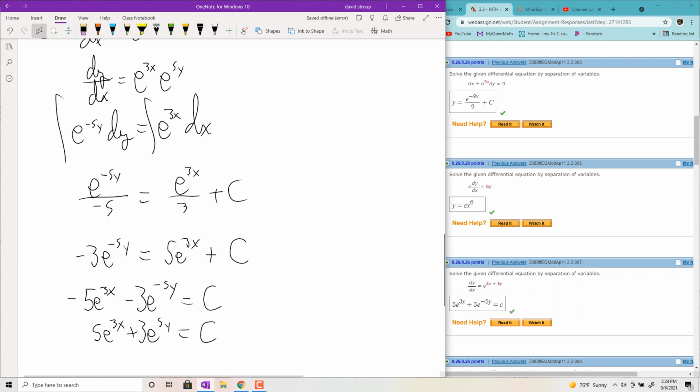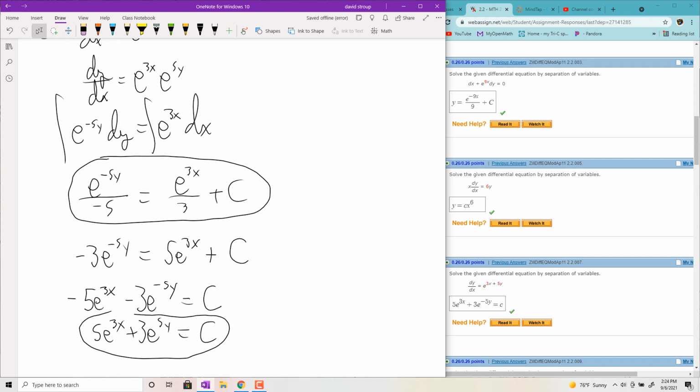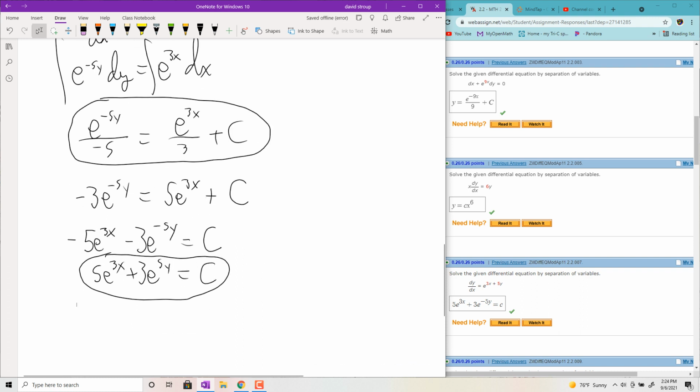I kind of write it that way, not for any real reason, this is a fine solution. If you put that on a test, I'd be fine with that. Just for whatever reason, this one looks better. Sometimes it's just a matter of what you're familiar with. So if you work a lot with certain cubic functions, I guess that come up in algebraic cryptology, that would be the form you were used to, and you would hope that all your answers were in that form, and you would kind of push them into that form.